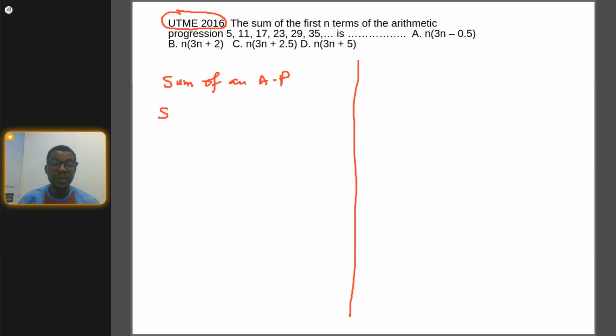And the sum of an AP is Sn equals n over 2, open bracket, 2a plus, open bracket, n minus 1, d, close the bracket.